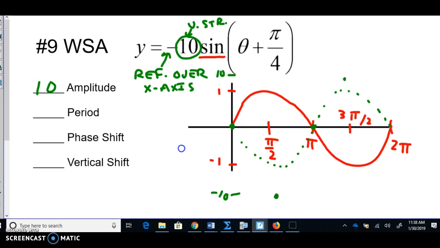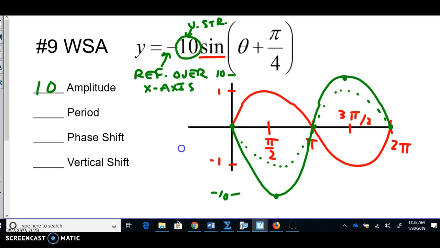That goes up to 10. And then y value of 0, multiplied by 10, 0. So here's our curve after we deal with the reflection and the vertical stretch or the amplitude.